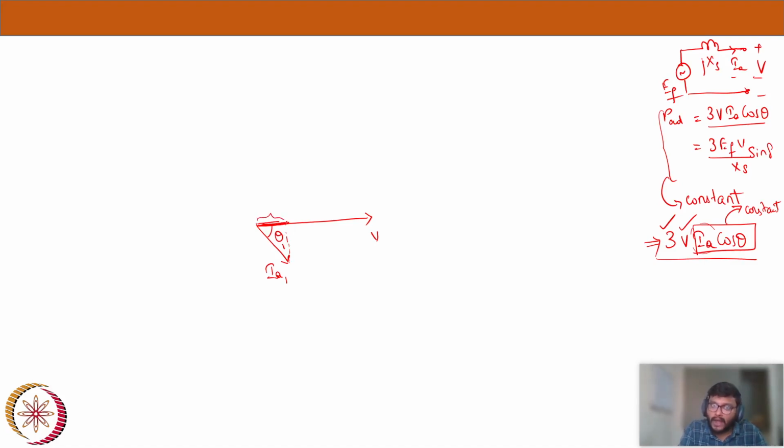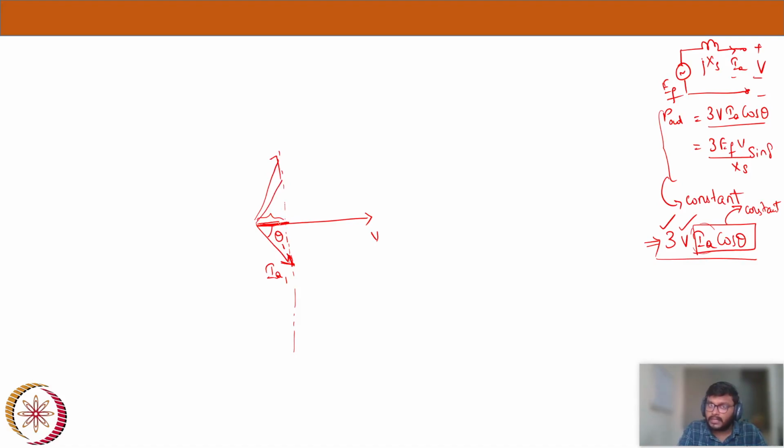So in order to have this length constant, what is the condition? The tip of IA should always remain on this line only. Why? When the tip of IA stays on this line, let's say you have IA like this, the projection of IA on V, IA cos theta, is this only.